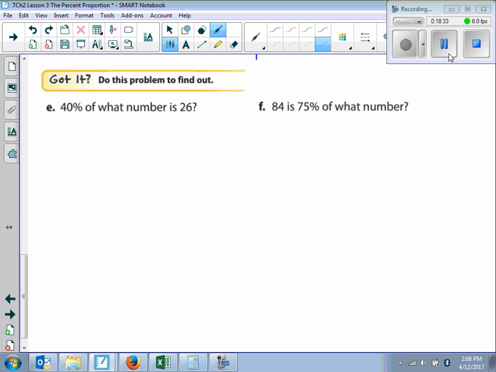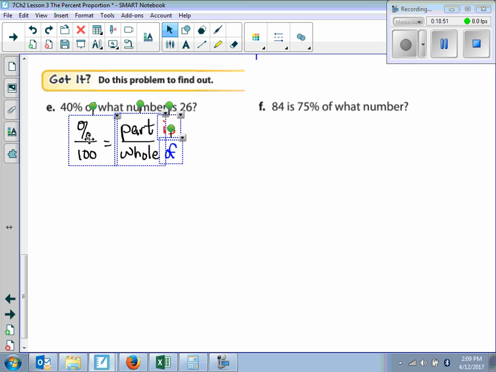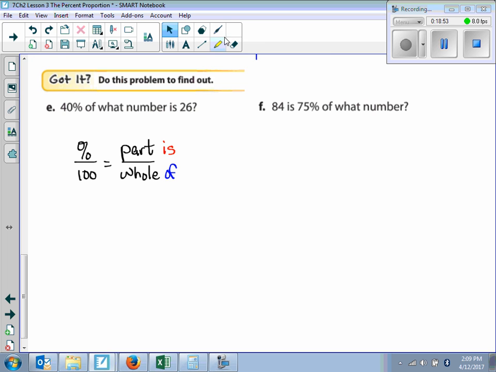All right, so once again, we want to write our formula. So there's our formula, percent over 100 equals part over whole, or is over of. So now we want to identify the pieces. So, okay, 40 is which one?